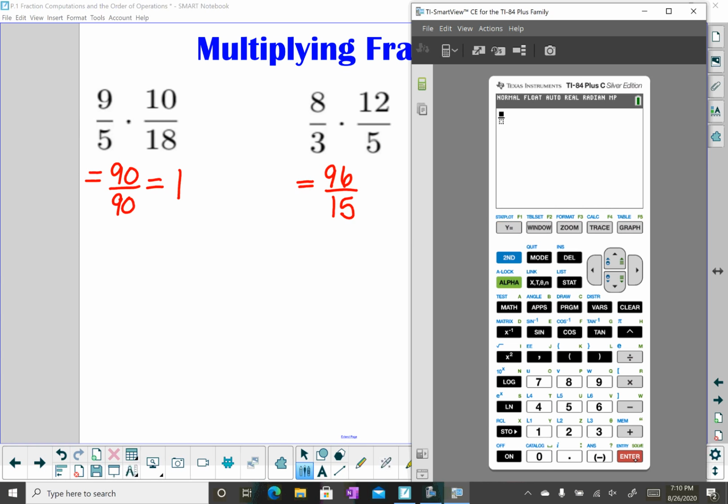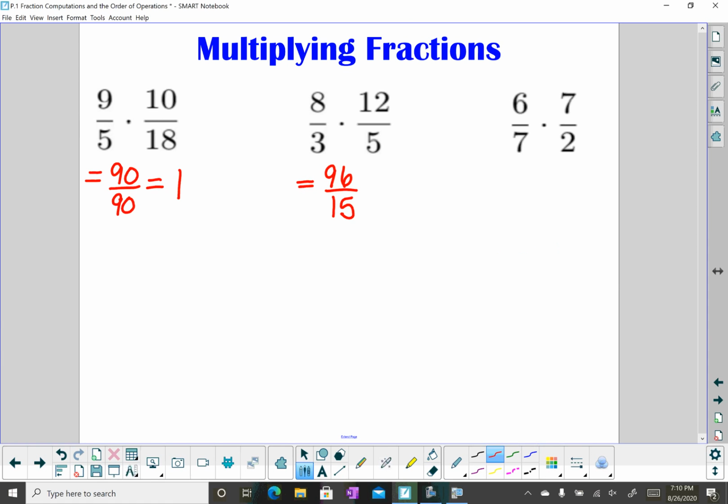If you hit enter, it'll bring up a numerator and denominator place for you to type your fraction in. So 96, and then if I hit my down arrow, 15. If I hit enter, it will automatically reduce my fraction for me. So this fraction reduces to 32 fifths.